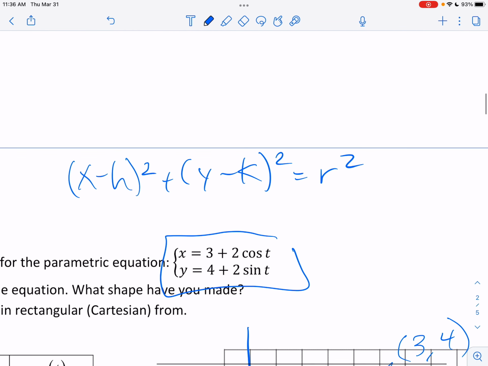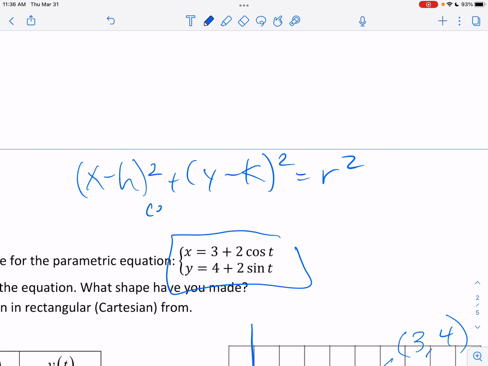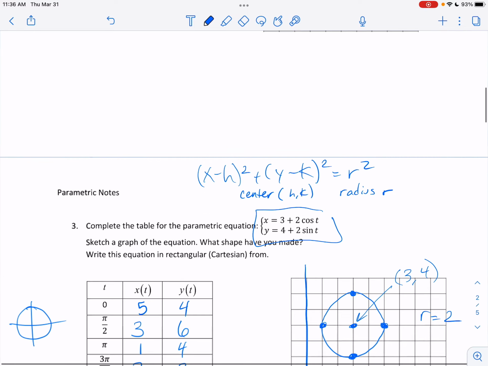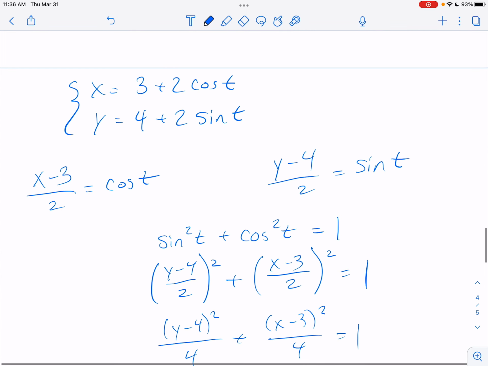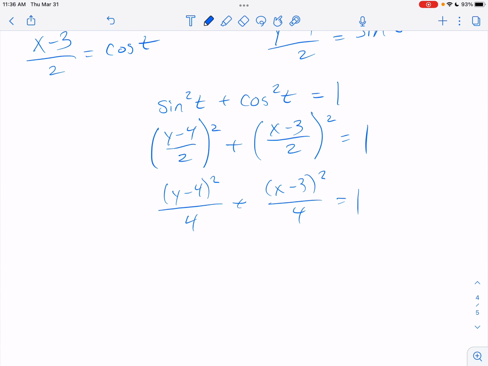This is almost in the form that we probably learned in Algebra 2: x minus h squared plus y minus k squared equals r squared, where the center is at (h, k) and the radius is r. Coming back down, if I multiply everybody by 4, and switch the order because we typically put the x first, I have x minus 3 squared plus y minus 4 squared, and that cleared out the denominators, so this equals 4.